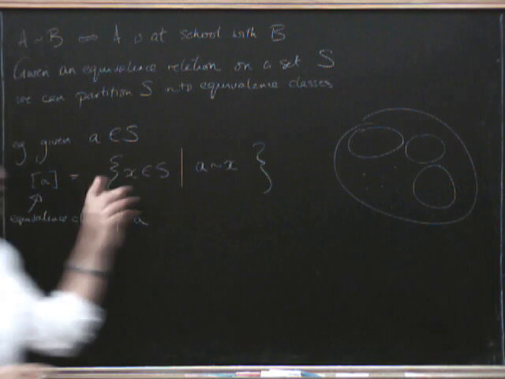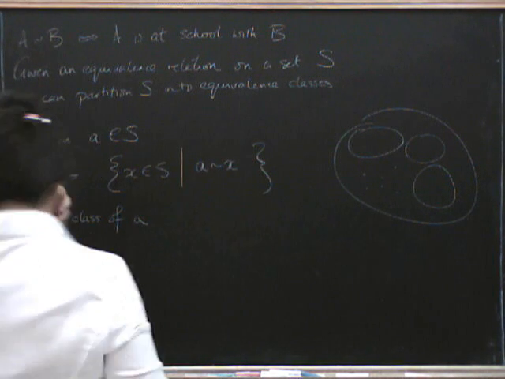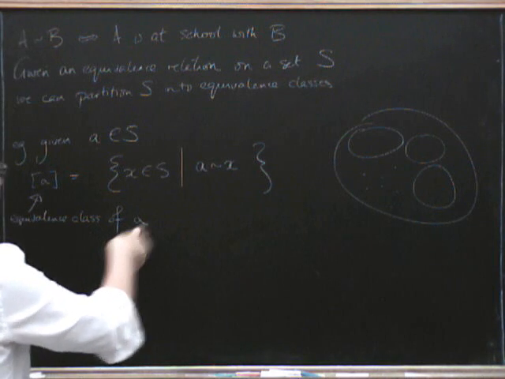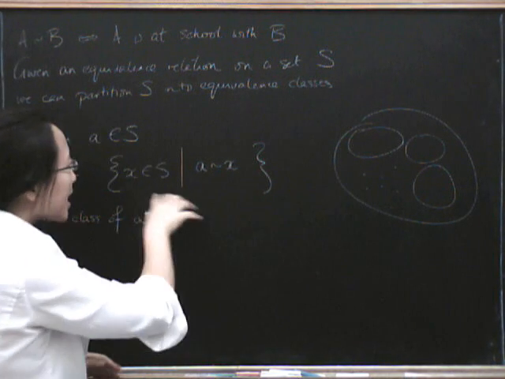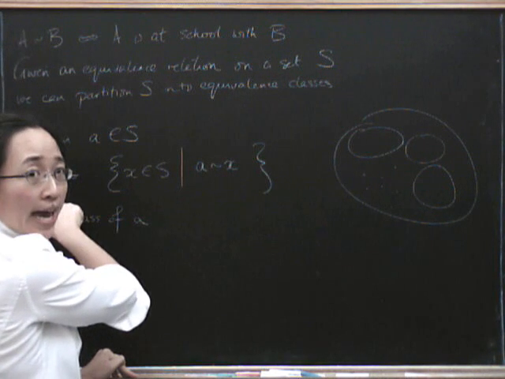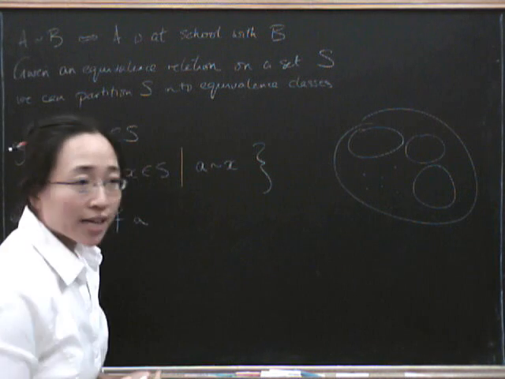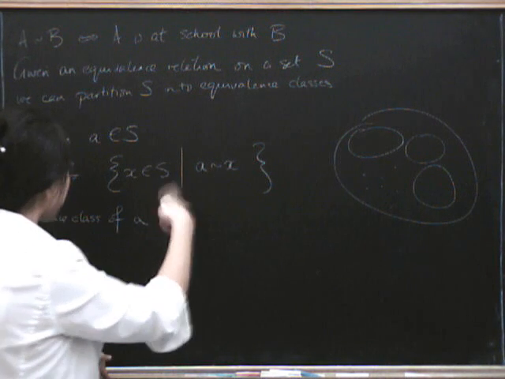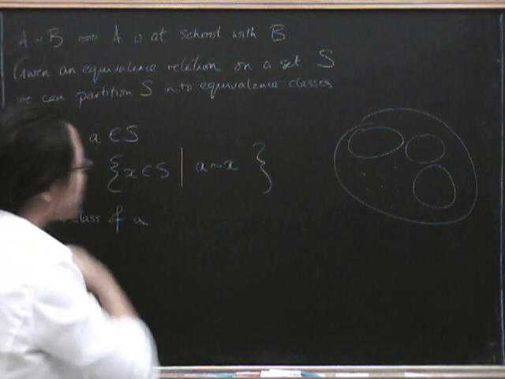So it's the equivalence class because it's the class of all the things related to A. In the case of this schools example, you would get exactly all the pupils in the same school as this person A. And in the case we had before of being siblings, this class would contain all the siblings of this person A.